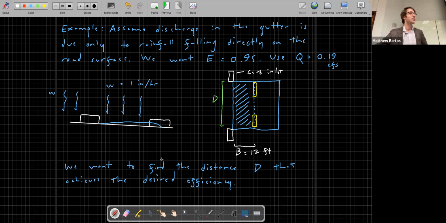Okay, so we want to design the distance between curb inlets such that we don't get more than 5% bypass discharge for each inlet. Okay, so how can we go about this problem? Where do we start? So first of all, how much discharge is being received by each curb inlet, and where is it coming from?